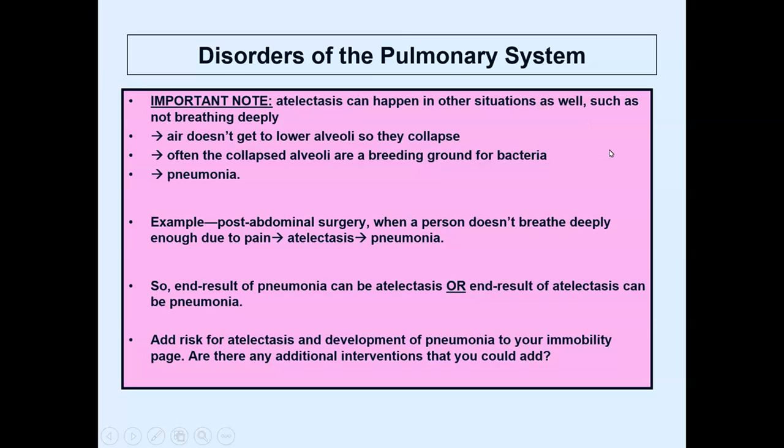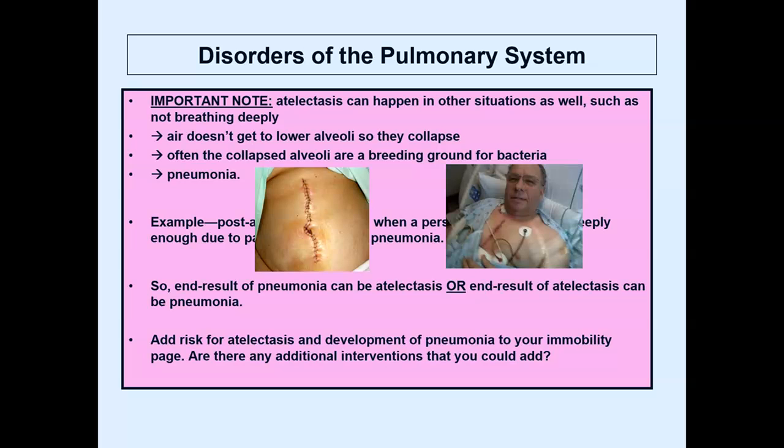Now, here's an important note about atelectasis. Again, atelectasis is when groups of alveoli have collapsed and they're not available for air exchange. And atelectasis can also occur when the lower alveoli don't get air into them. Now, when might that happen?